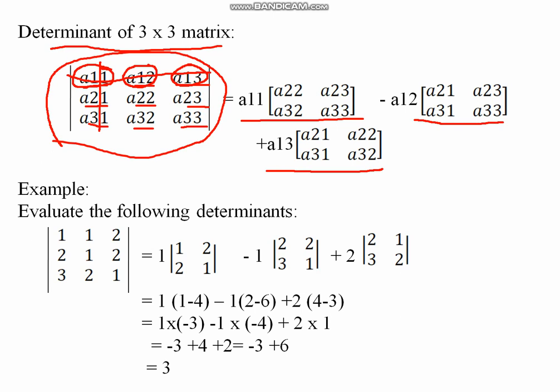For A13, delete the first row and third column and find the determinant of the remaining matrix. So this is the definition of the determinant of a 3 cross 3 matrix. Now we will see an example of the determinant of a 3 cross 3 matrix in the next video lecture. Okay, and remember all the sign conventions also to find the determinant.